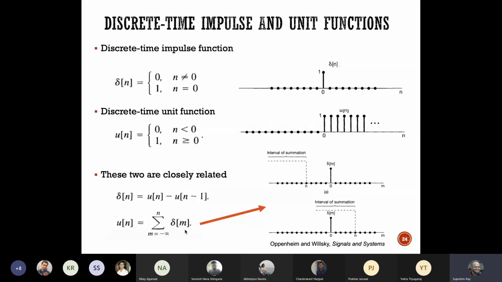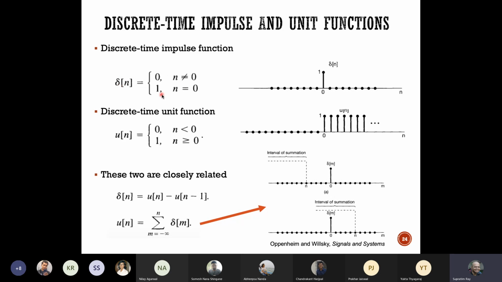Okay, so here's what an impulse function looks like. This is right here, the first plot. It's a function that is 0 everywhere except at 0, where it takes a value of 1. So this is a discrete time impulse function.